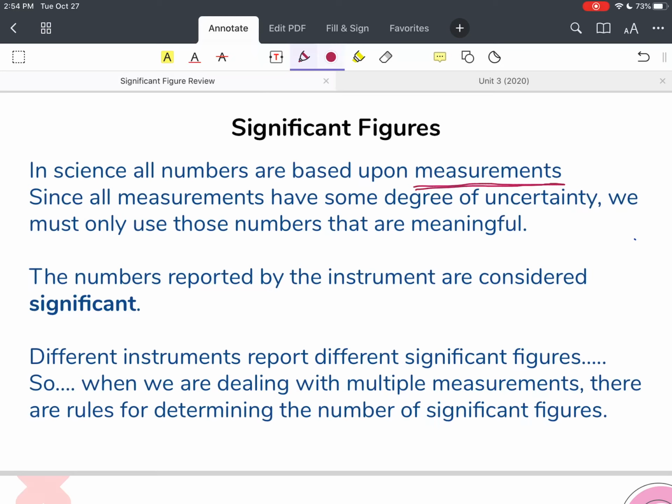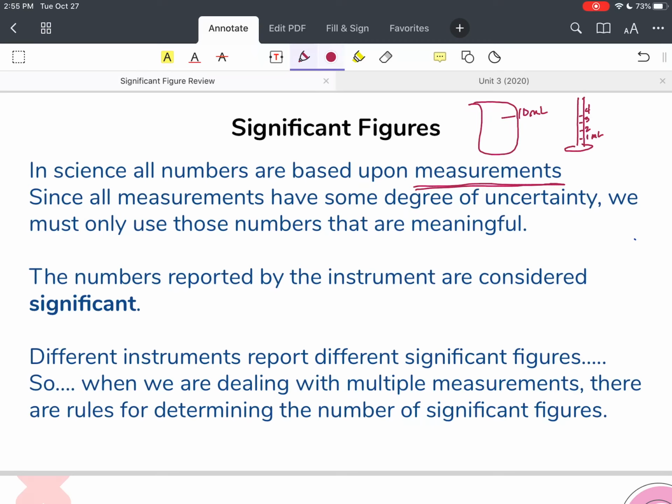So for example, if I gave you a beaker and it was marked to the 10 milliliter spot, and if I gave you a graduated cylinder and it had markings like every 1 milliliter, right? Which one would you rather use if I said to measure 1 milliliter?